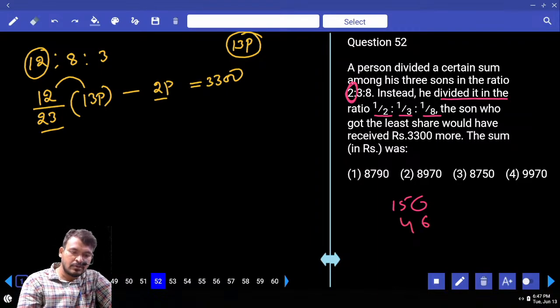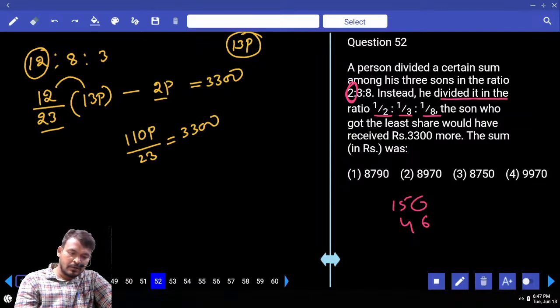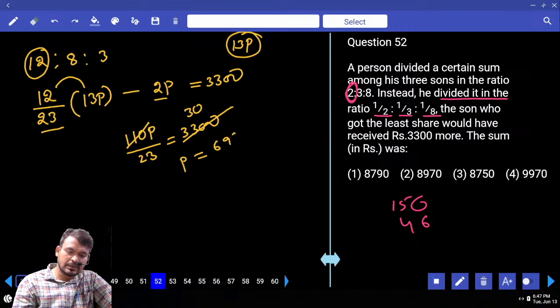What is the difference? 110. Parts by 23 equals which one? 3,300. 110, how many times? 30 times or not? Every one part equals 690 or not? How many parts do we need? 13 parts or not?